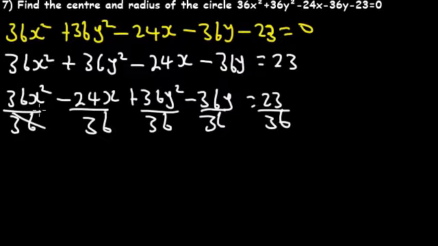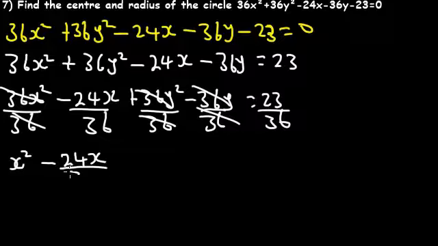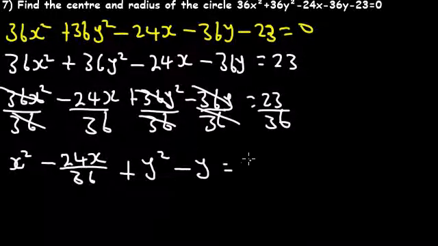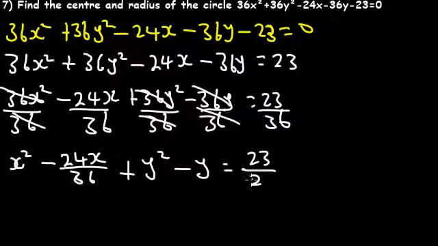Okay. Now this cancels. This cancels. This cancels. Then we have x squared minus 24x over 36, which I will reduce, plus y squared minus y equals 23 over 36.